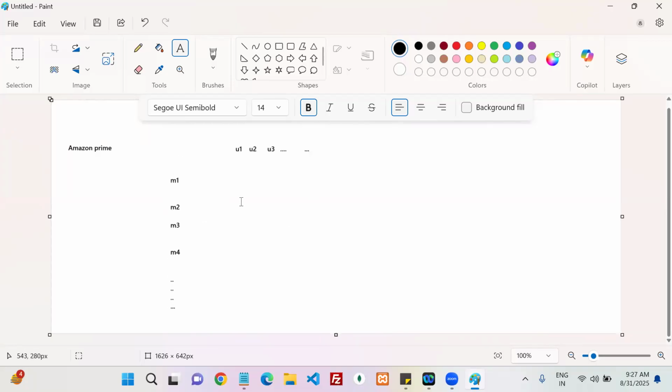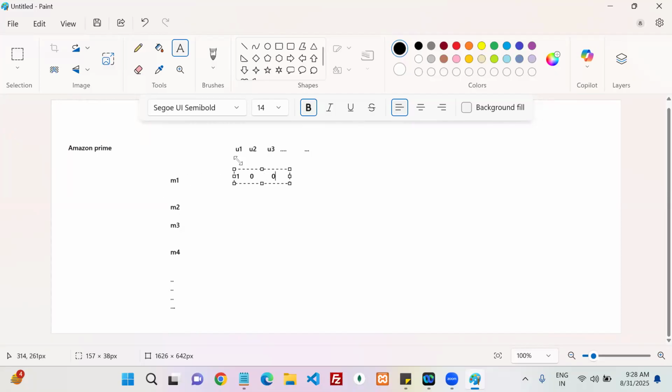Now I want to see, today I just uploaded one movie. That movie is an action movie. This user viewed that particular movie, so I can represent that the user watched that movie. Watched that movie means I can put one. If the user has not watched, then I put zero.